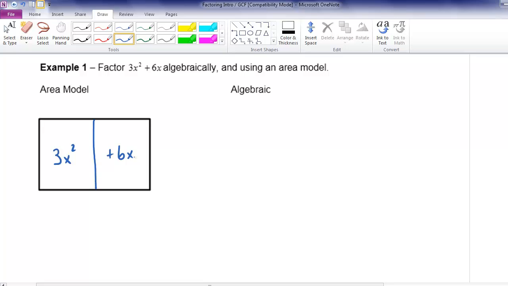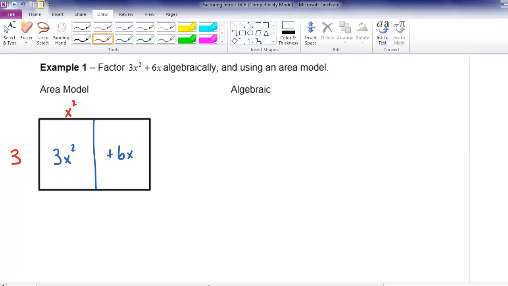So for instance, on the vertical right here, I could have a dimension of 3. 3 goes into 3x squared, and 3 goes into 6x. So I'm asking myself, what times 3 is equal to 3x squared? You can think of that as multiplication or an unmultiplication, which is a division.